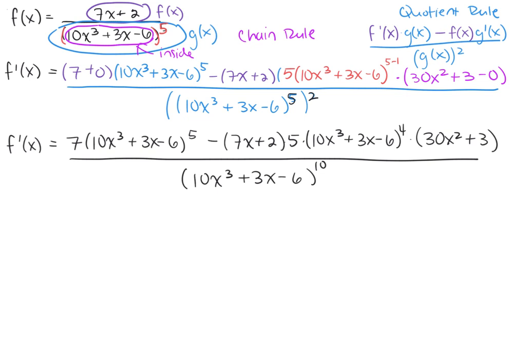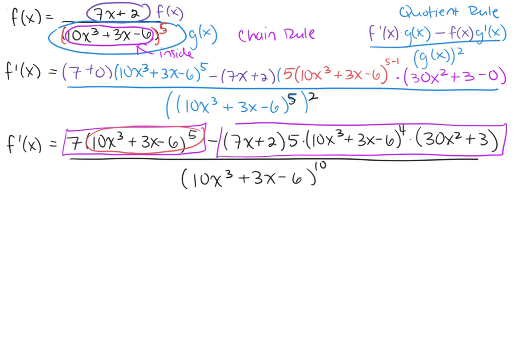Now let's see if we can clean anything up in the numerator. I hope that you can see that in this term right here, I've got that 10x to the third plus 3x minus 6 raised to the fifth power in it. And in the second term, so this whole thing right here is the second term, I hope that you can see it also has a factor of 10x to the third plus 3x minus 6 to the fourth.